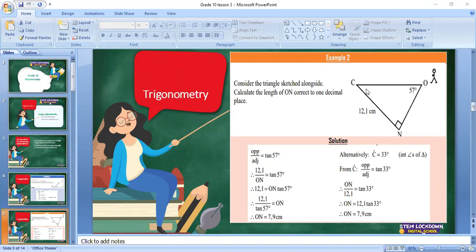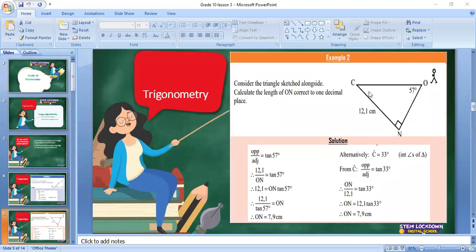So if this is 33, because this is the angle we are looking at, then our ON will be our opposite. Why? We are considering this as our angle. We are no more looking at 57. When we were looking at 57, this was our opposite.